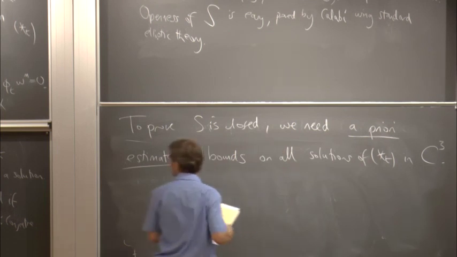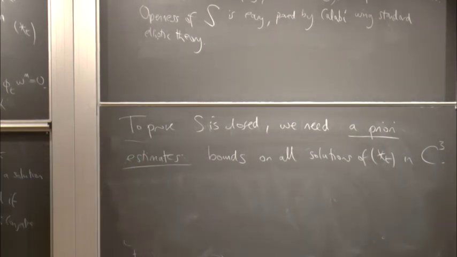So what you want is a statement that if a solution of star t exists, then the C^3 norm of phi_t is less than or equal to some constant big C, depending upon the geometry of the problem, but not depending upon the choice of solution.